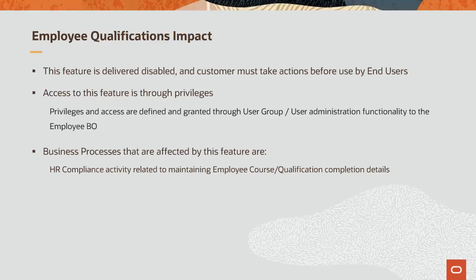The expectation is that HR personnel will typically be maintaining this information on the employee record. Finally, a review of HR compliance business processes related to employee training, qualification, course records is in order, as we have enabled the ability to calculate important dates, track expiration of those dates, and automatically notify employees and supervisor of their impending expiration.